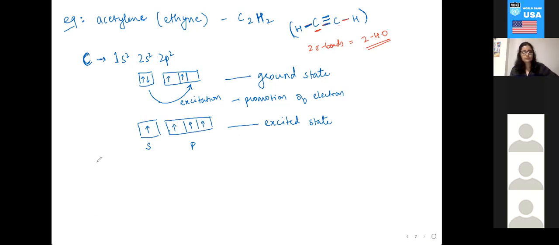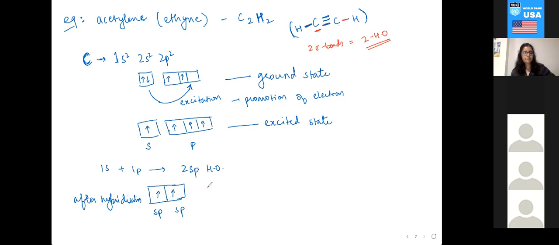1 s and 1 p orbital will give rise to 2 sp hybrid orbitals. So now after hybridization, carbon has 2 equal energy sp orbitals. So this is after hybridization. Each has a single electron in them.